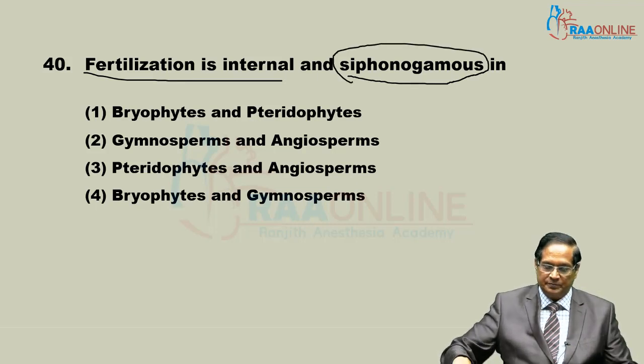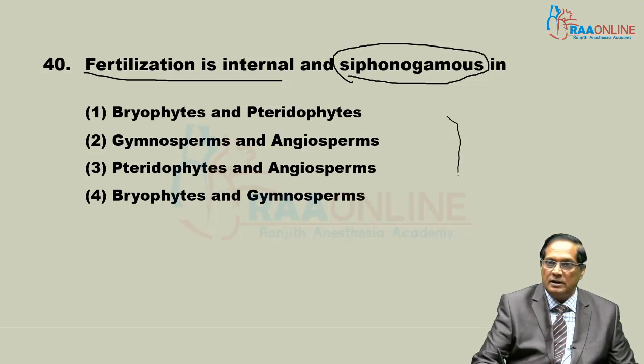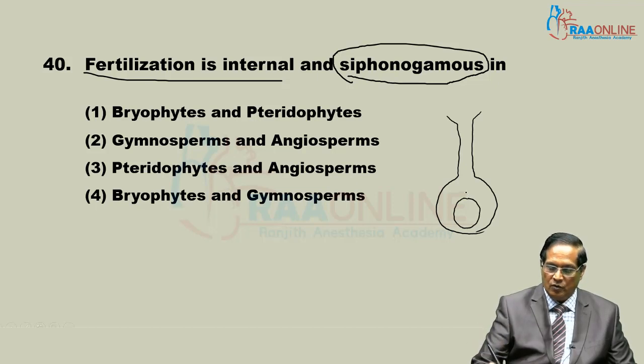This is the female reproductive structure of a flowering plant, that is the carpel or pistil. Within the carpel or pistil, the ovule is present at the base.